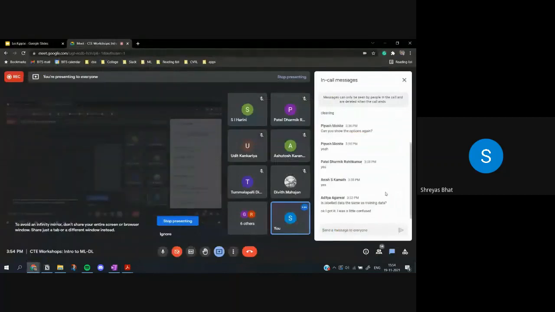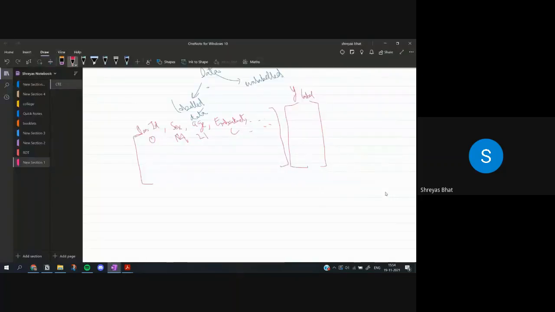This label will be whether they survived or not. So let's say they didn't survive, unfortunately, and you have another type of data over here, and they survived. So you have a label for every example over here.